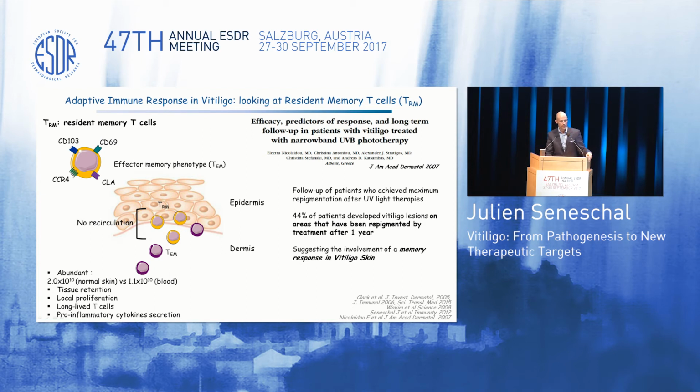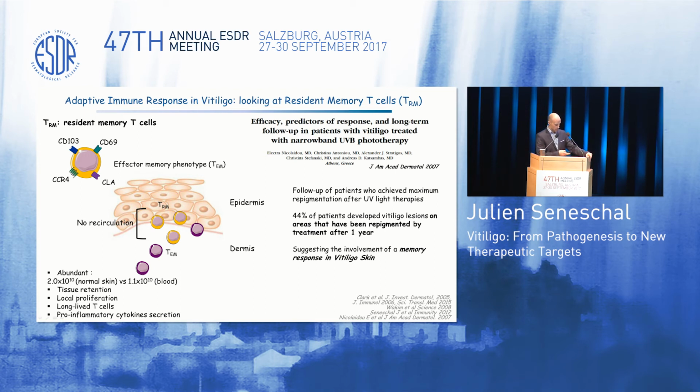So we isolated and extracted the T cells out of the skin in patients with vitiligo, controls and psoriasis. First we found that most T cells out of the skin, CD4 positive T cells or CD8 positive T cells, express markers of effector memory T cells, CD45RO positive and CCR7 negative.